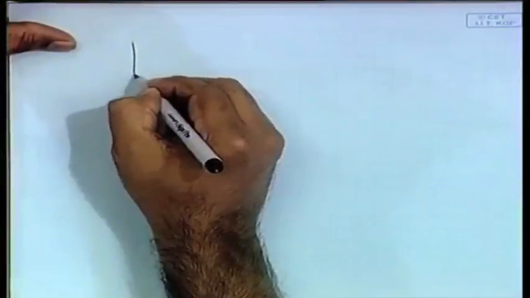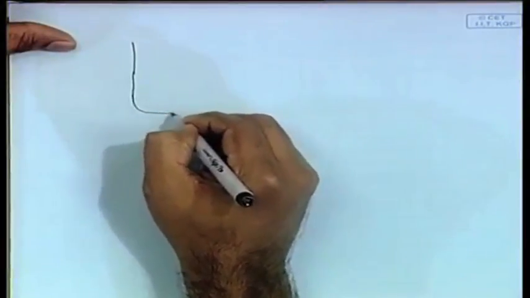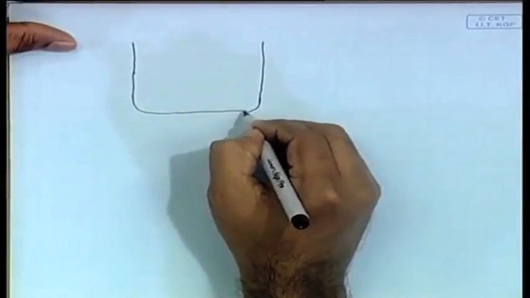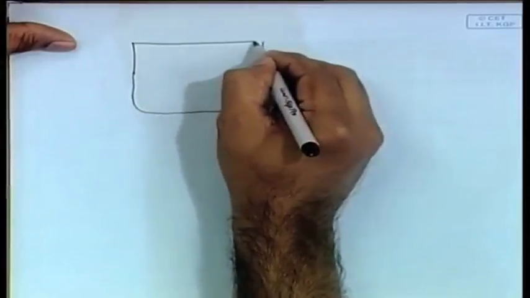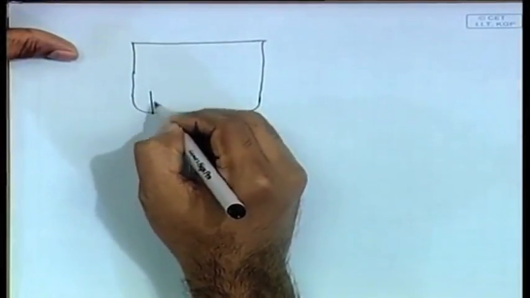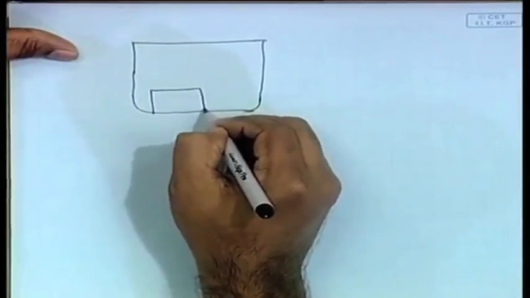Okay. Now let us see what that is. So let us look at a cross section of the ship. This is a cross section. And let us suppose that in this ship, there is a tank like this.